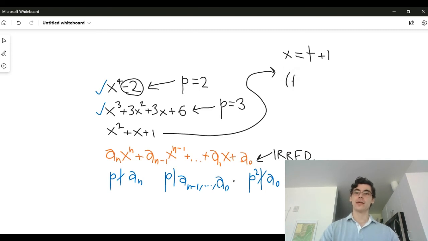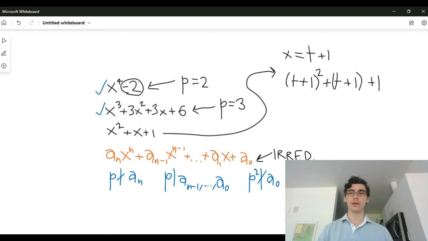So what am I going to get if I do this substitution? x equals t plus 1. So I'm going to get (t+1) squared plus (t+1) plus 1.